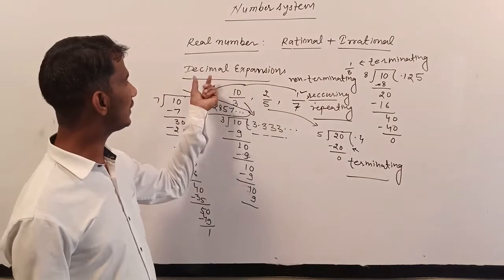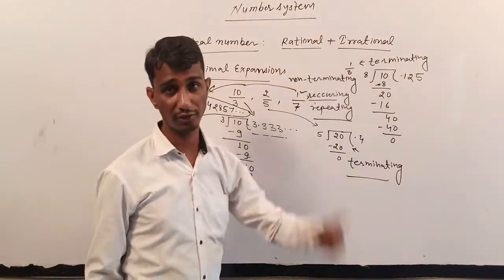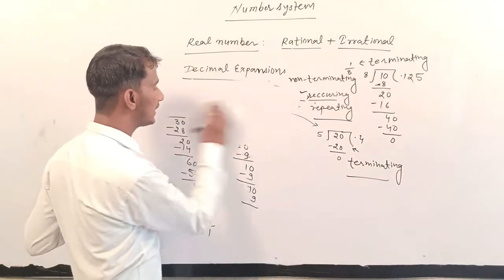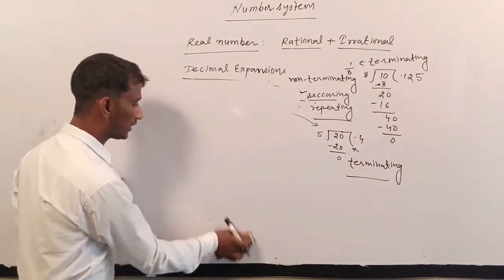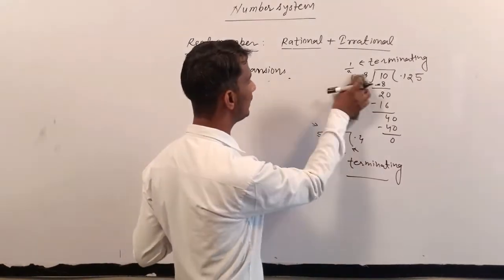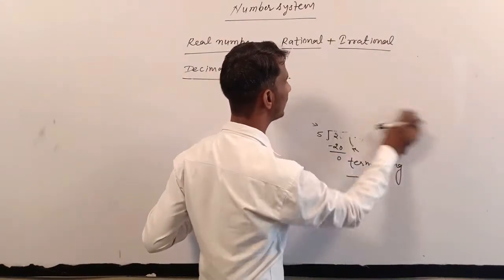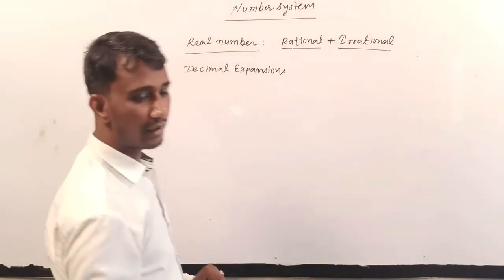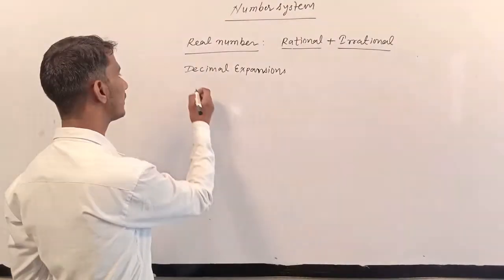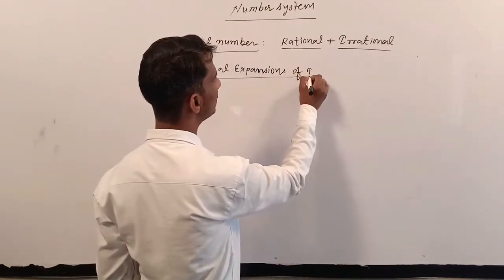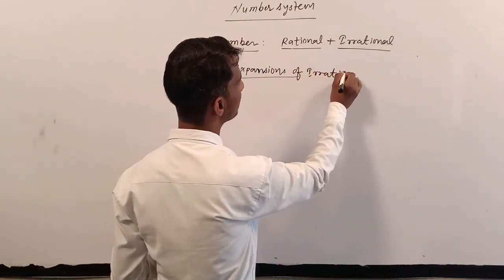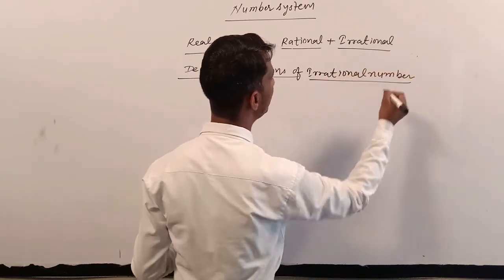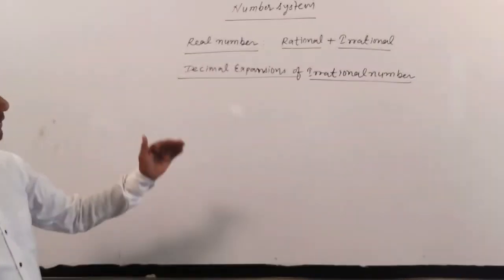Now, how can we express the decimal expansion of an irrational number? Dear student, the decimal expansion of an irrational number is very important because in this way you can easily find an irrational number. Look here, the decimal expansion of an irrational number.